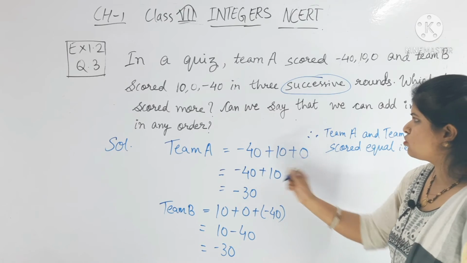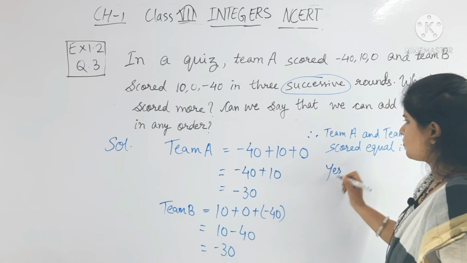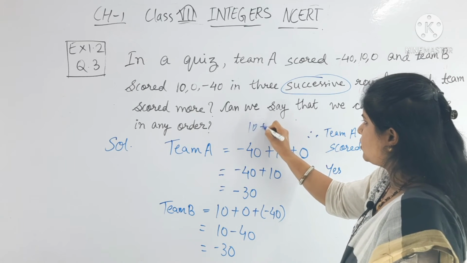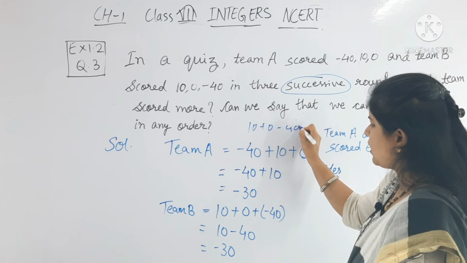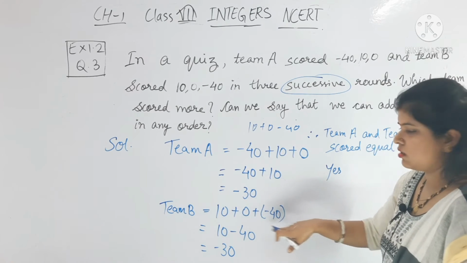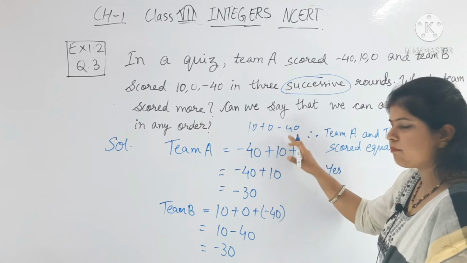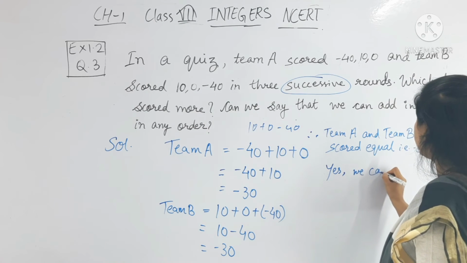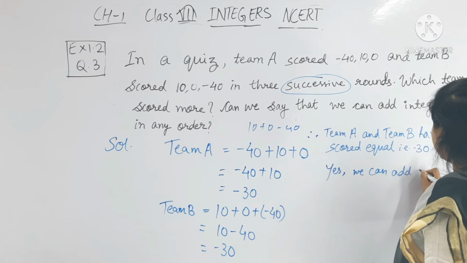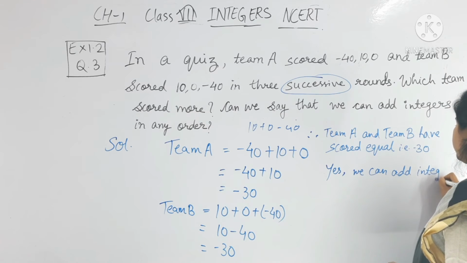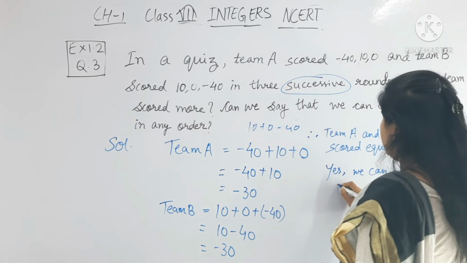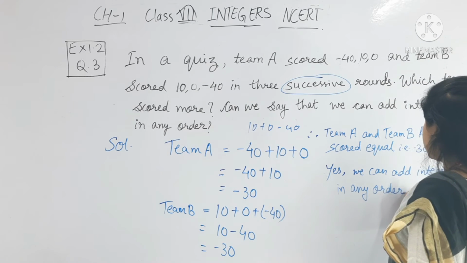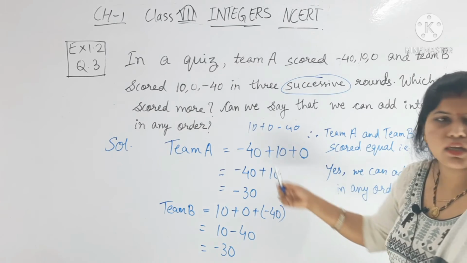Okay, so yes, here we can change the order also. 10 plus 0 minus 40, that is team B here. This is the same one. So yes, we can add integers in any order. This is the solution of question number 3.